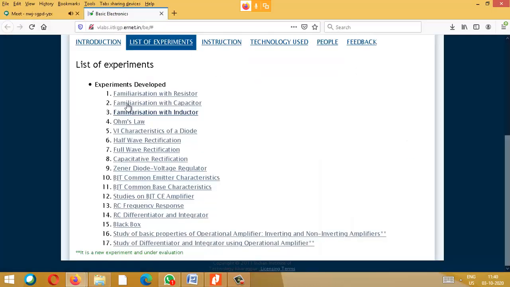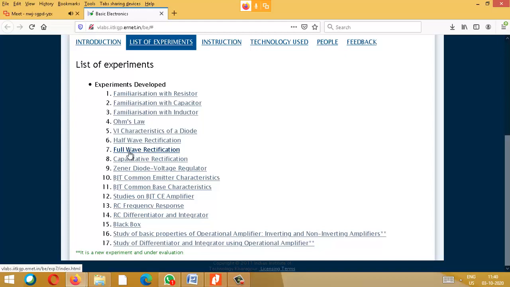I will repeat: the VI characteristics of diode, experiment number 5. Then we will go to experiment number 9, then experiments 10 and 11, then experiment number 13. After completing 13, I will come back to experiments 6 and 7. Till this we will go with this virtual laboratory.